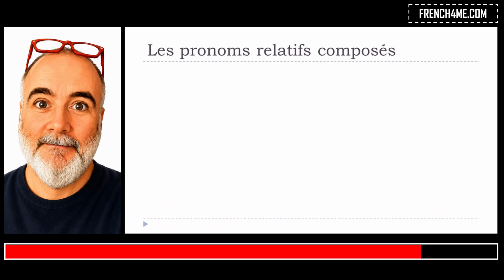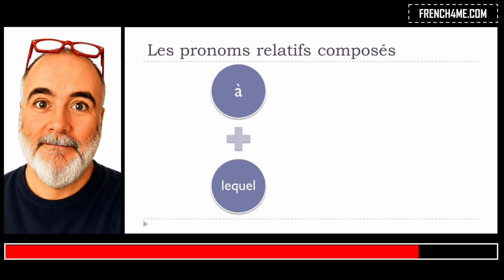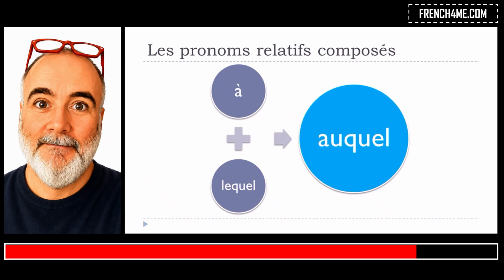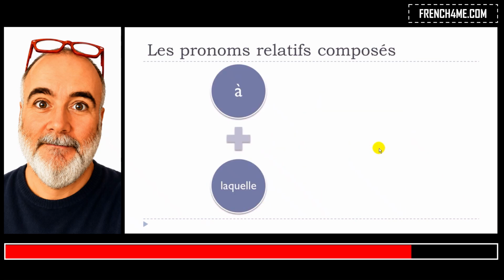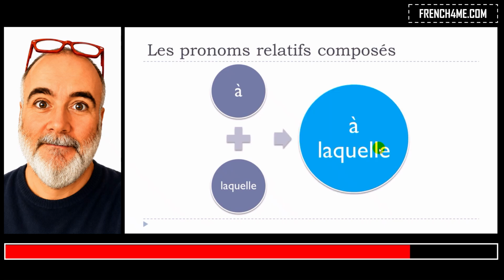If you combine the preposition à and your pronoun lequel, you will get auquel. If you combine the preposition à and the feminine form laquelle, the good news is that it doesn't change and it's à laquelle.